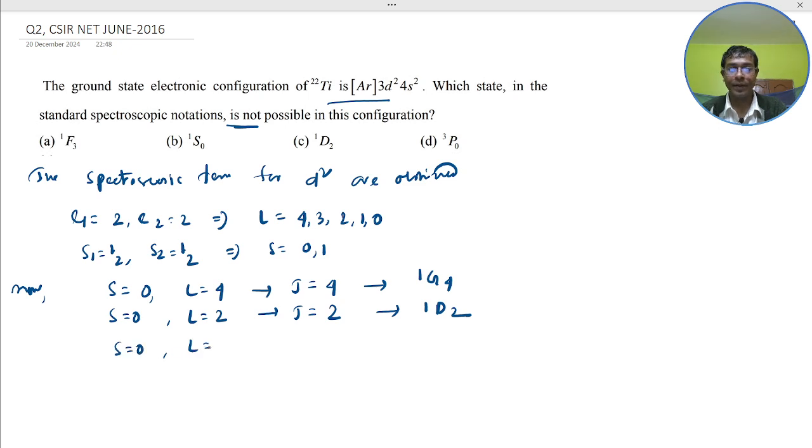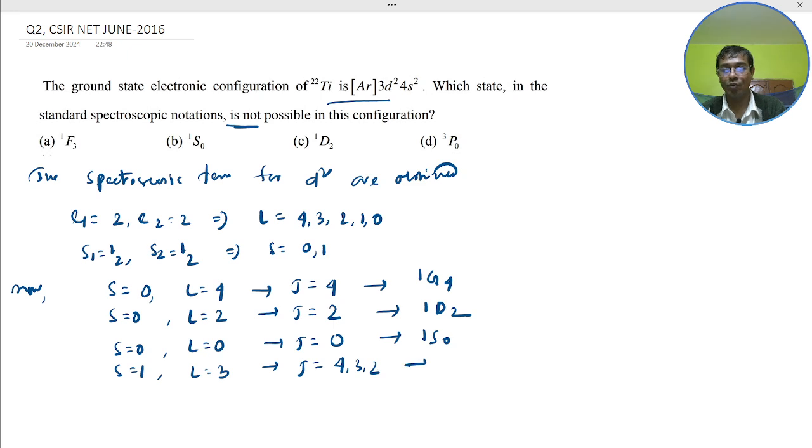S0 L0, J should be 0, spectroscopic term 1S0. S1 L3, J would be 4, 3, 2, the spectroscopic terms would be 3F4, 3F3, 3F2.